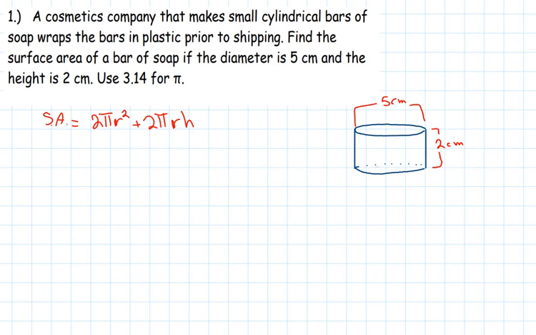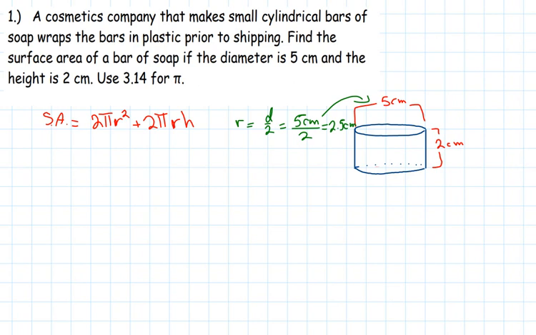The first thing you want to do after drawing and writing the formula is defining what the terms r and h are. In this case, r is the diameter divided by 2. We don't have the radius given to us, but we have the diameter, which is 5 centimeters divided by 2, or 2.5 centimeters.